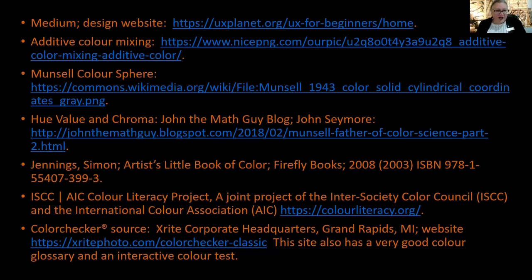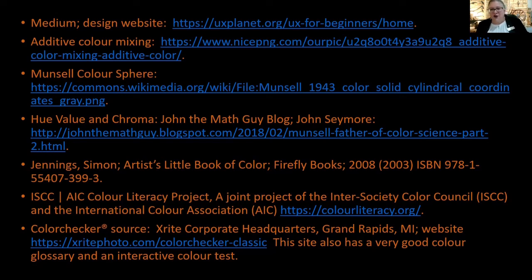At the bottom, the ColorChecker source, there is a very good glossary of color there. ColorChecker is that little device that you sometimes see in the corner of a photograph of an artifact that has all of the different colors in it to make sure that your color rendering when you're taking a photograph is correct.